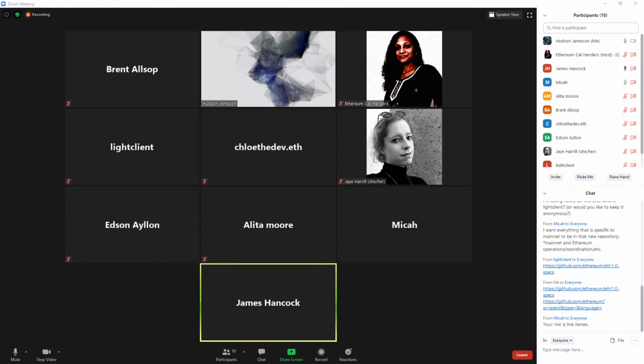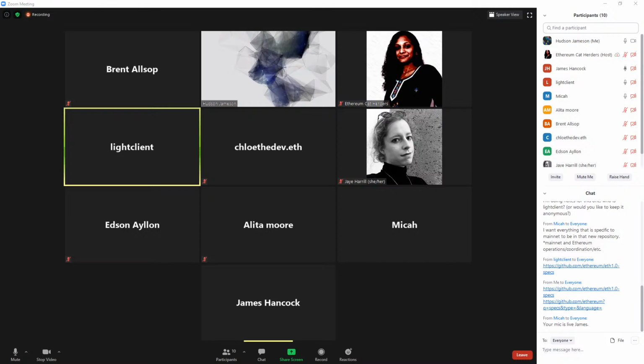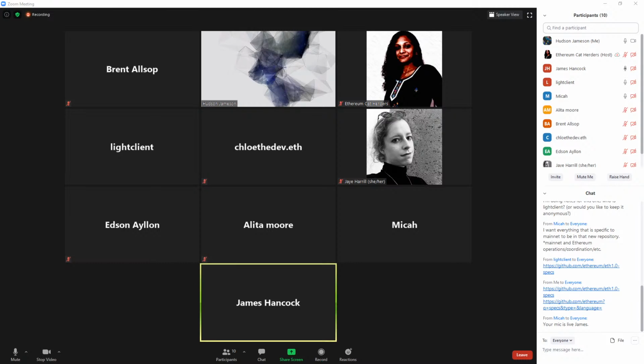I like having everything that you need to write an ETH1 client be in ETH1 specs. That would include a list of all of the EIPs that are currently active on mainnet and the yellow paper.